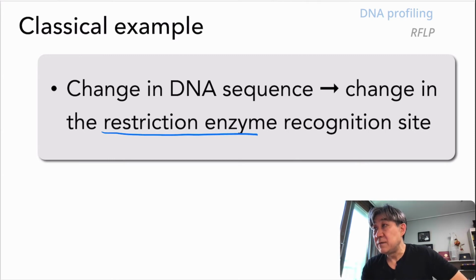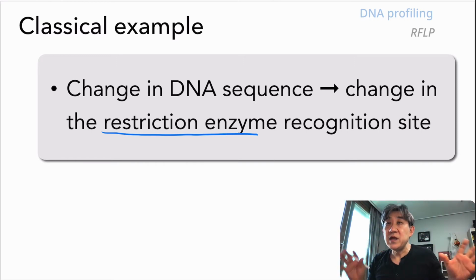Restriction enzymes, like I said, are enzymes that can cut certain areas of DNA specifically based upon the specific DNA sequence. So if the DNA sequence changed in this particular area, then probably the restriction enzyme that was able to cut is no longer able to cut that particular area.